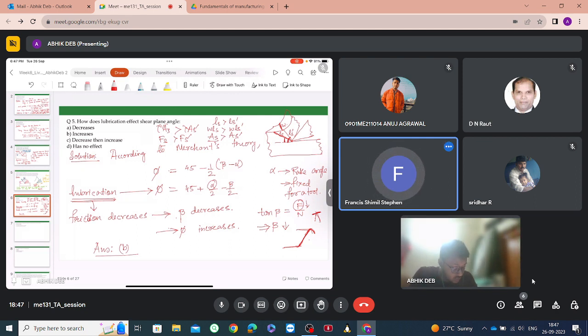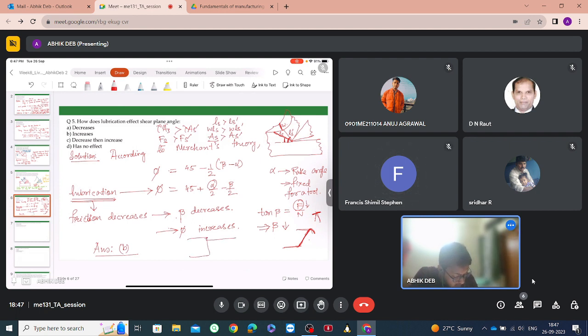So supposedly if we draw something like this, and this is the tool. Now just a minute, let me rub this out and make some space, otherwise it is getting difficult.